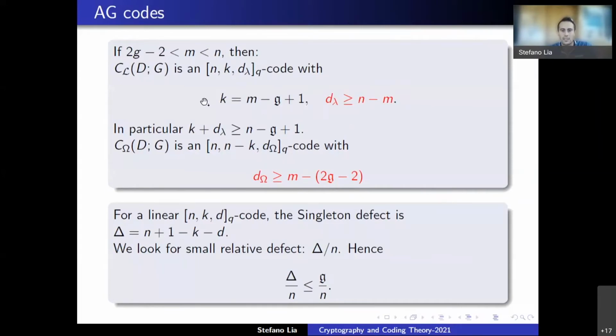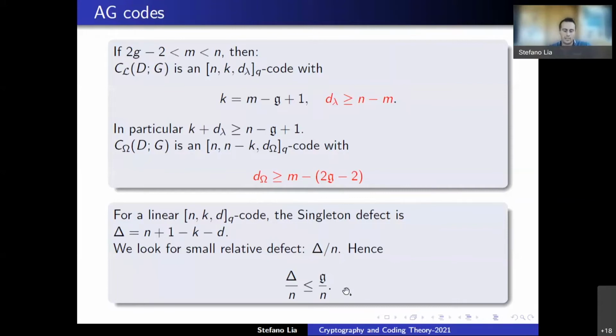Namely, the dimension is as follows, and the minimum distance is at least n minus deg G. Also for the dual code, we have a lower bound on the minimum distance. In both cases, if we look at the Singleton defect, it is bounded above by the genus, and therefore the relative Singleton defect is bounded by the genus over n.